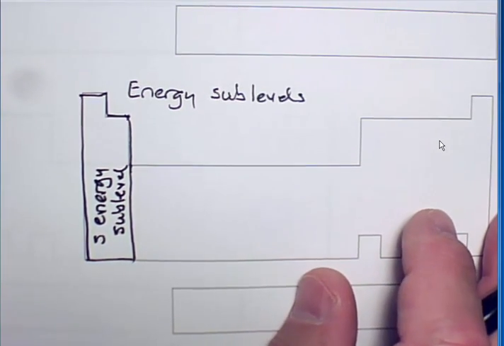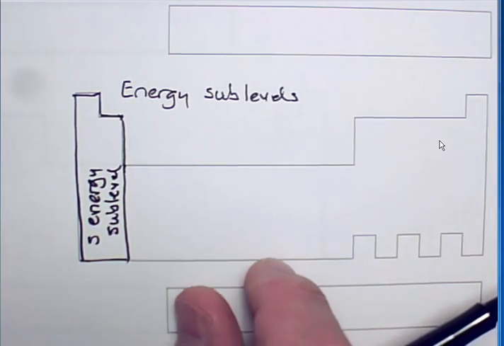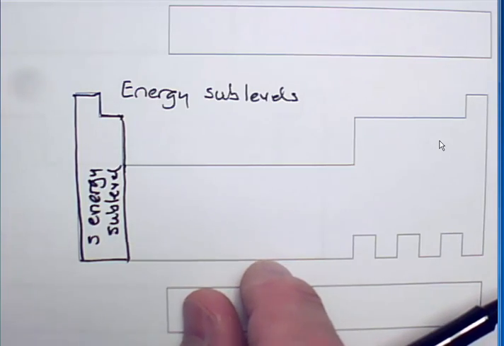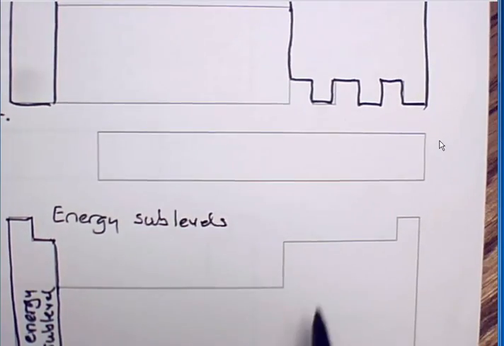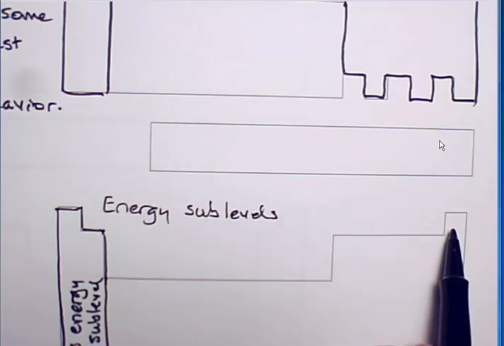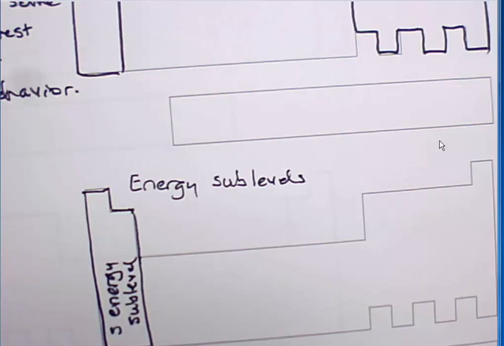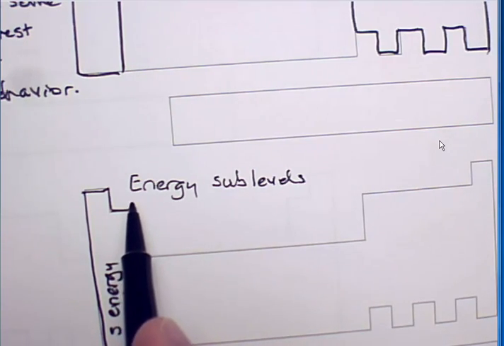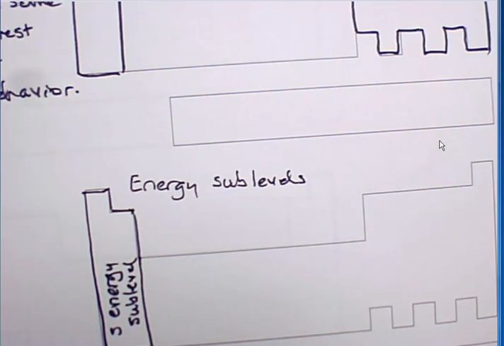But remember, I told you in the beginning that this stuff doesn't always work out nice and neat the way we'd like it to. In fact, helium, way over here on your periodic table, actually belongs right here when we're talking about energy sublevels. Not when we're talking about other things, just energy sublevels.